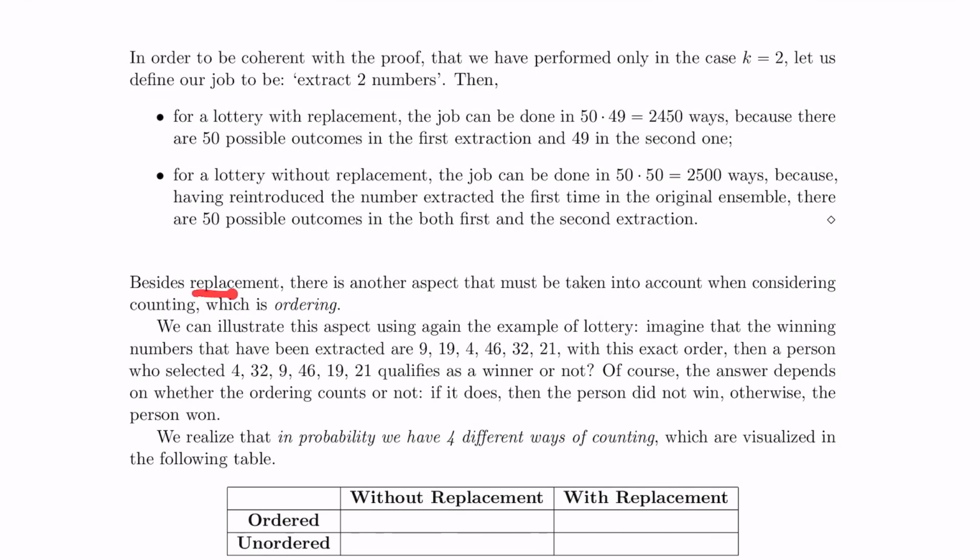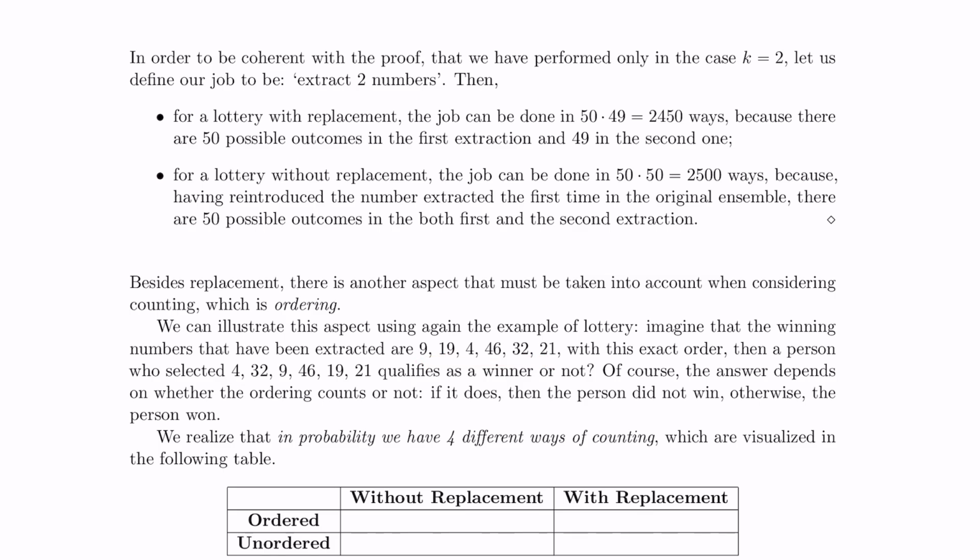Besides replacement, there is another constraint that must be taken into account when we consider counting, that is ordering. We can illustrate this constraint using again the example of the lottery. Imagine that the winning numbers that have been extracted are precisely these ones in this exact order.